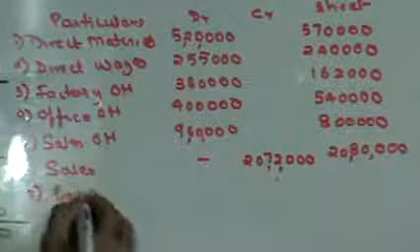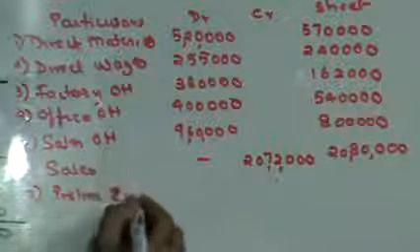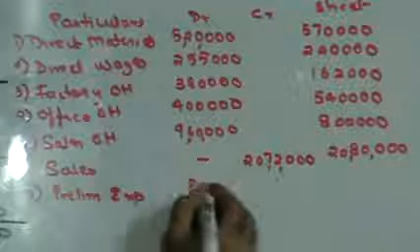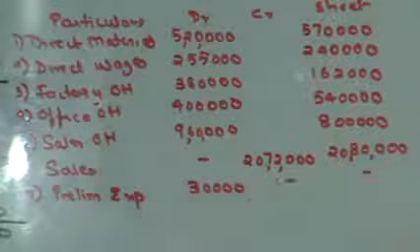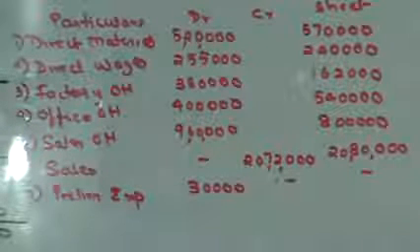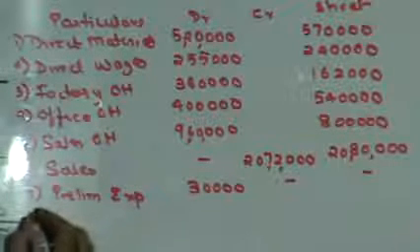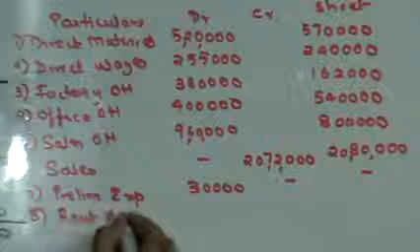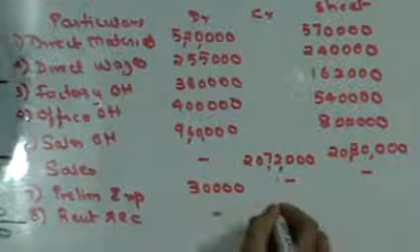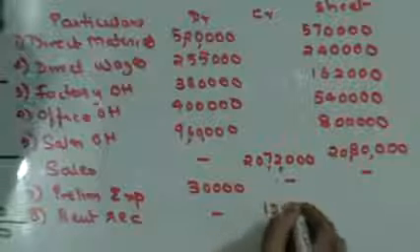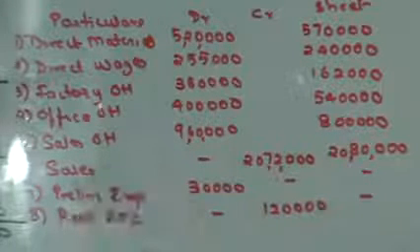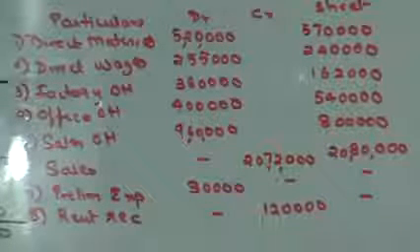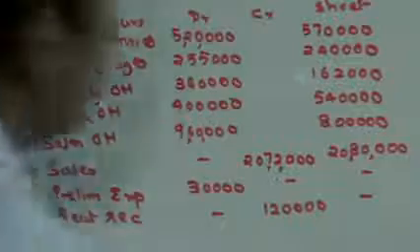For example, preliminary expenses. Preliminary expenses is 30,000 in P&L and it is not recorded in cost sheet. Besides that, rent received. It's a credit side entry, amount is 1,20,000 and it is not recorded in the cost sheet. Once I have this, now I can make my cost reconciliation statement using this data.